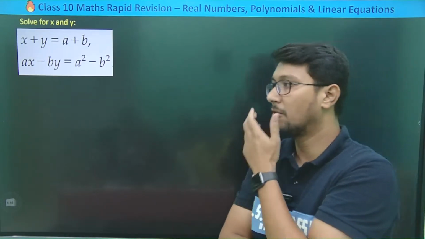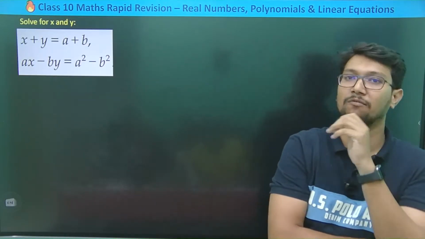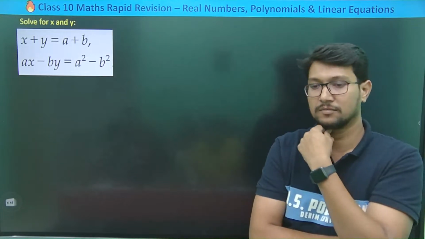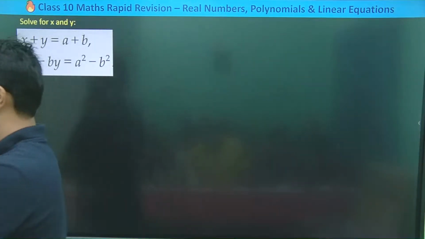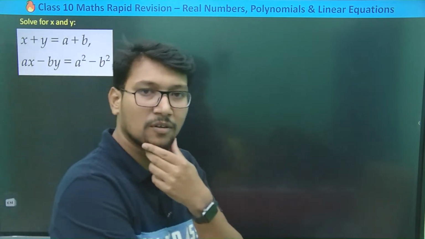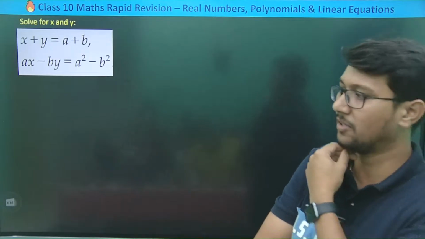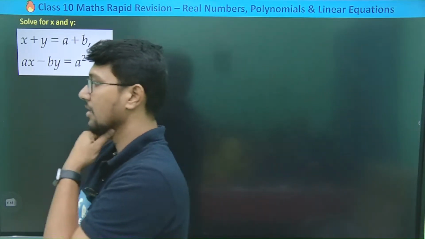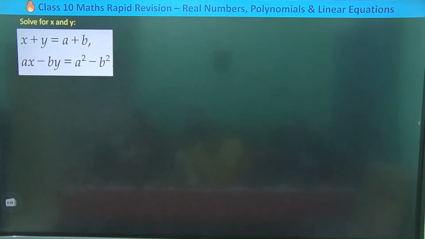Okay, 15 more minutes. We will wind up exactly at 9:30, whatever questions are left will be over. Approximately 30 questions are done. 25? How many? 22 only. Okay children, okay.